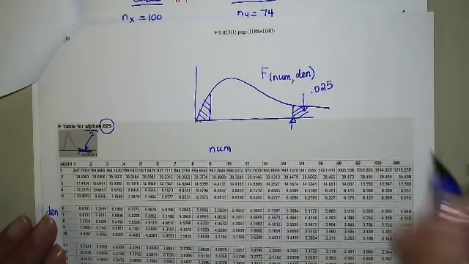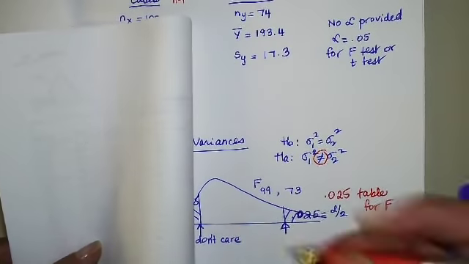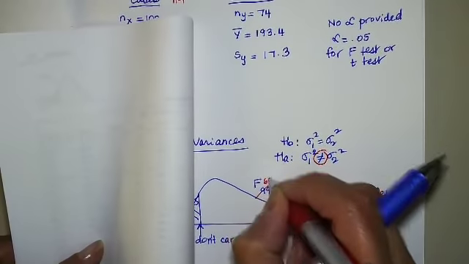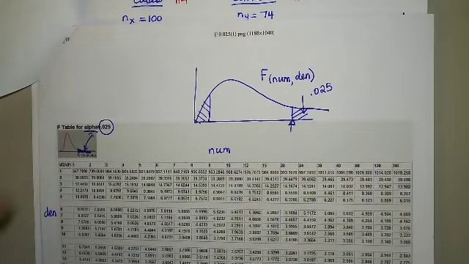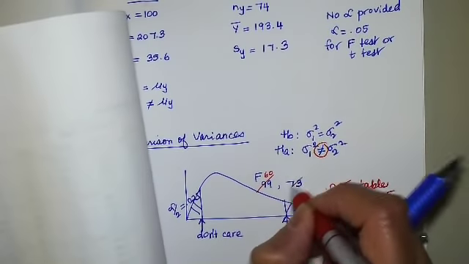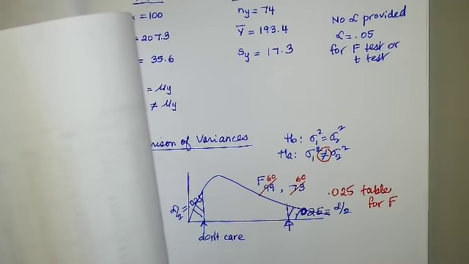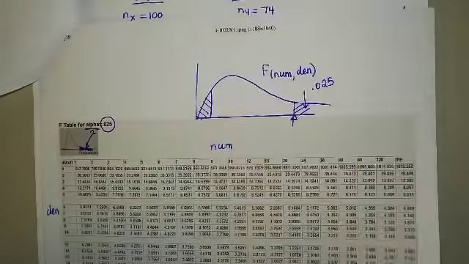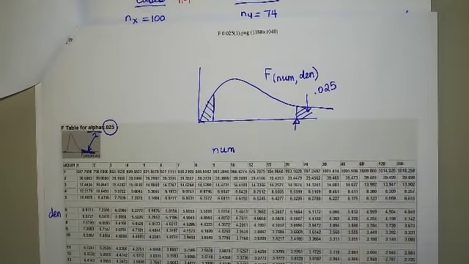The numerator degrees of freedom are 99. So I go here, these are the numerator degrees of freedom, and there's no 99. So I'm going to pick up 60. Let's make that modification right here. This is not there, so I'm going to use 60. And then 73 down the margin is also not there, so I'm going to use 60 for that also. Follow me?